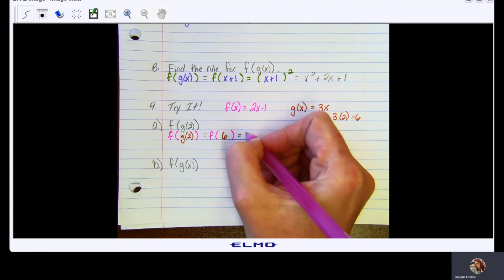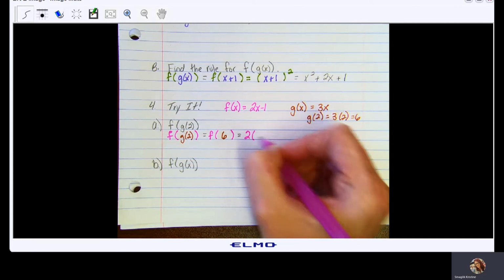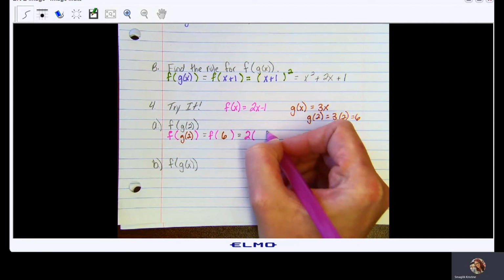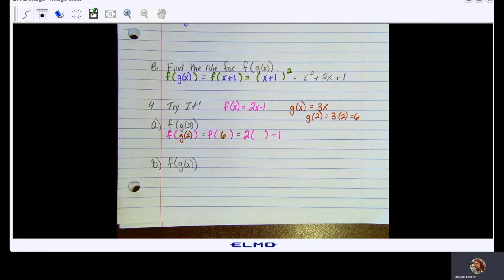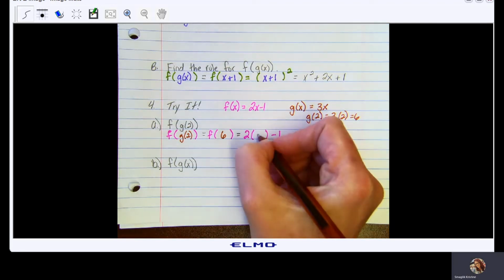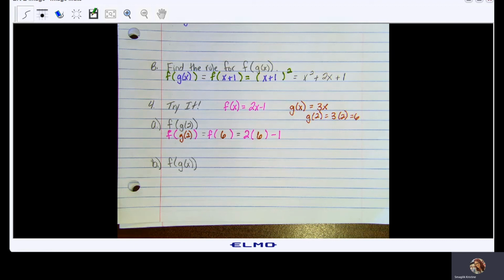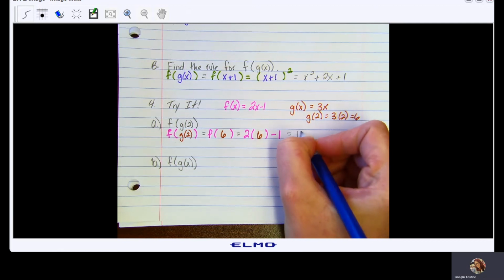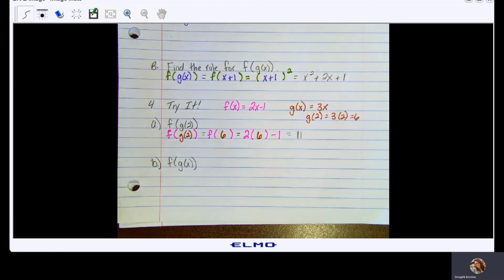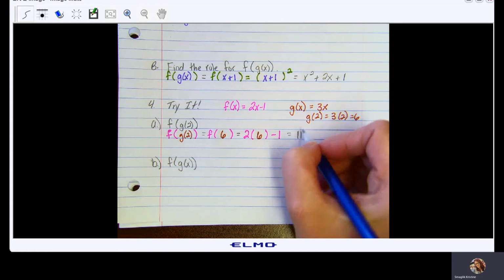So again, I'm just going to leave that placeholder wherever I see a variable. And now let's plug in the 6. 2 times 6 minus 1, 12 minus 1, that gets us 11. So 11 is our output.